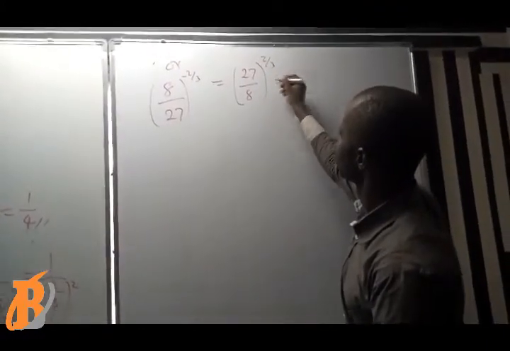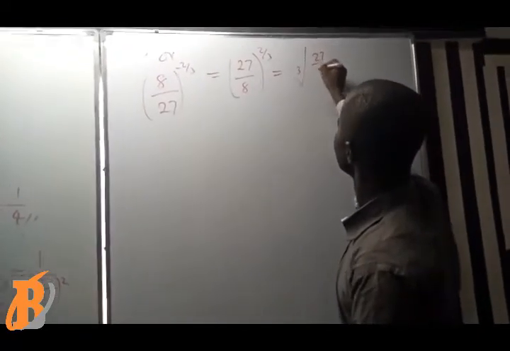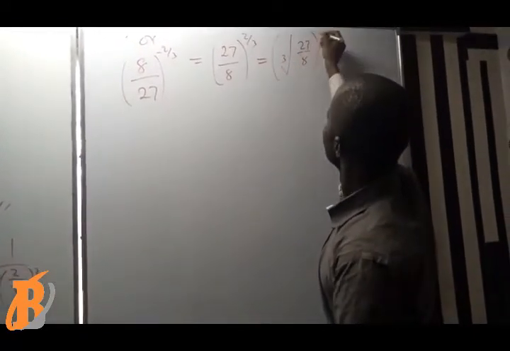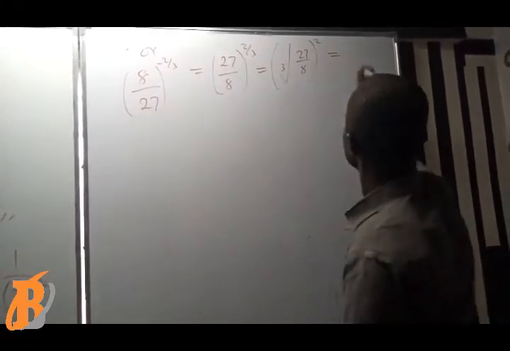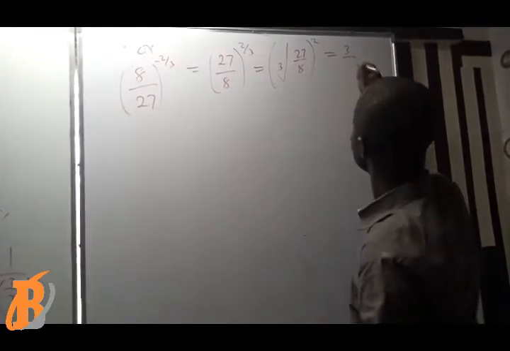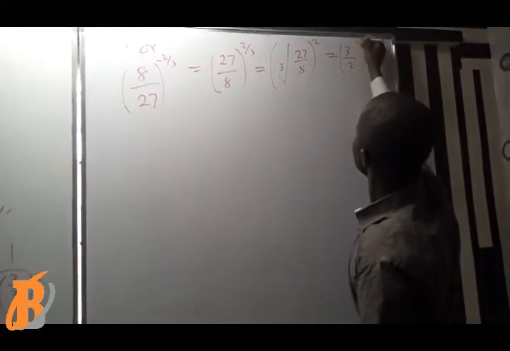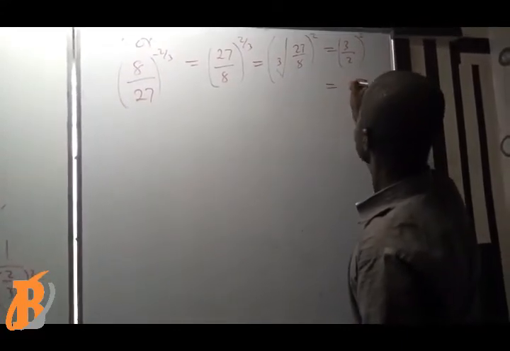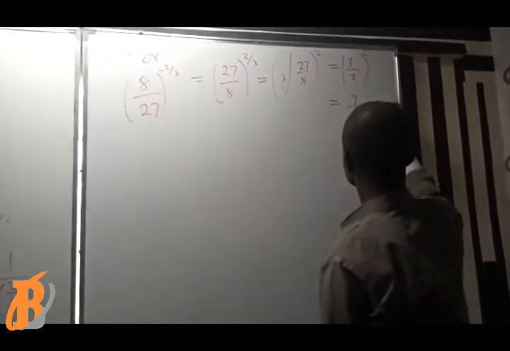Now equal to the cube root of 27 over 8. What's the cube root of 27? It is 3. The cube root of 8 is 2. That's to the power of 2, equal to what? 9 over 4. That's it.